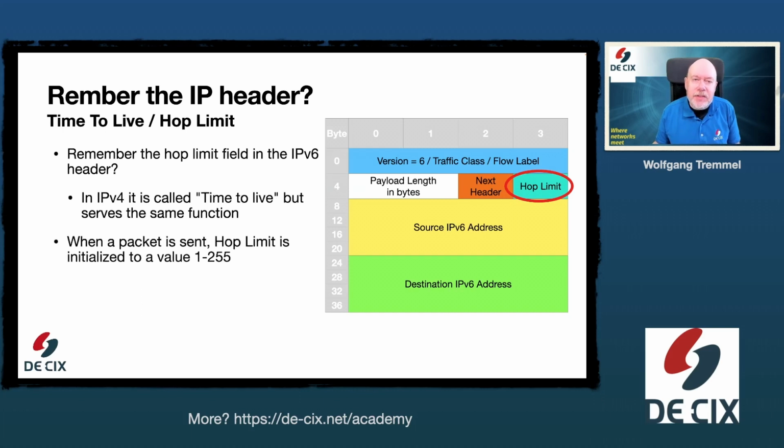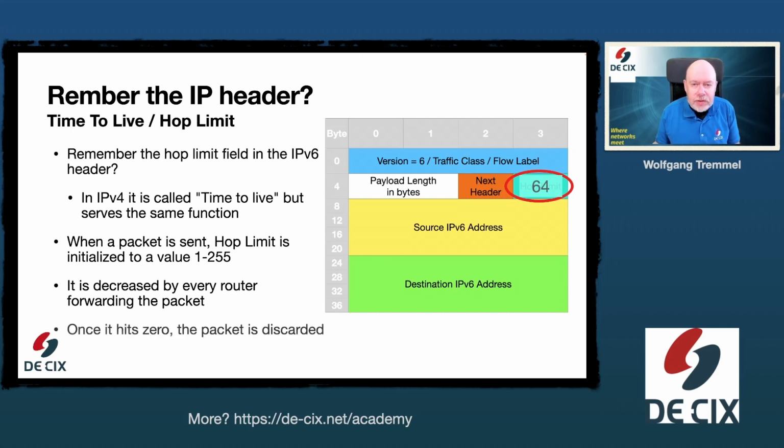When a packet is created, the hop limit field is initialized to a value between 1 and 255. Quite often 64 or 128 is being used. And this hop limit field, or in IPv4 the time to live field, is decreased by every router forwarding the IP packet. And once it hits 0, the packet is discarded.